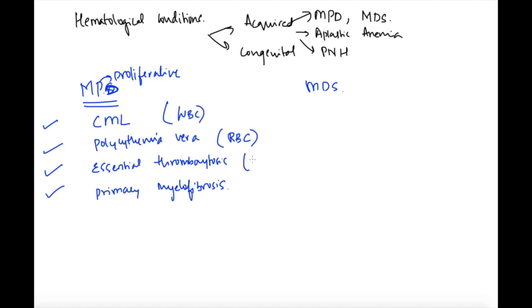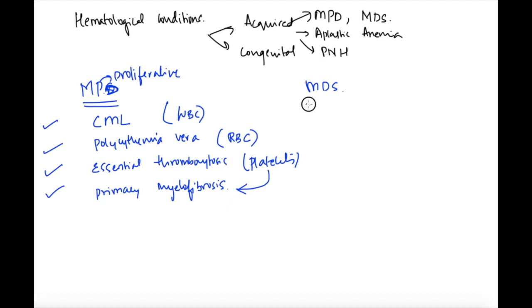Essential thrombocytosis is disorder of platelets, and myelofibrosis is because of the production of cytokines by the platelets. It stimulates the fibroblasts in the marrow, hence results in myelofibrosis. So now it becomes simple, right? So there are three components that are included in the MPD.